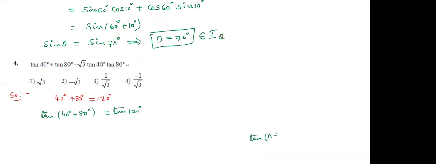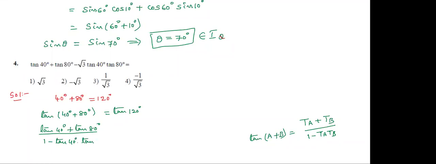Tan of A plus B is tan A plus tan B divided by 1 minus tan A tan B. Apply the formula: tan 40 degrees plus tan 80 degrees divided by 1 minus tan 40 tan 80.